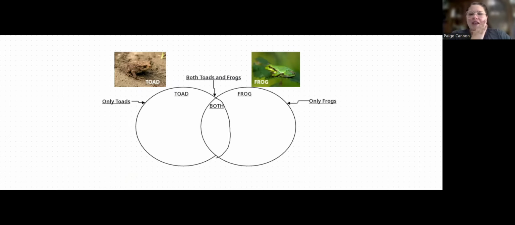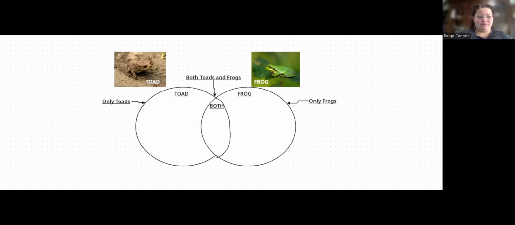Now, if we have toads on one side and our frogs on the other, what's going to go in the middle? That's right. It's going to be both our toads and our frogs. Now, what is something we could put on the only toad side? That's right. That's very good.